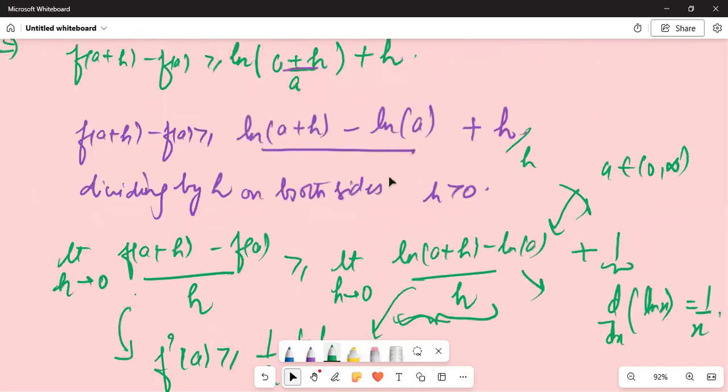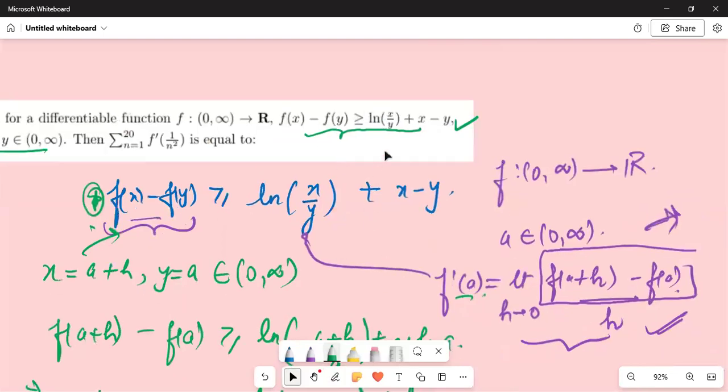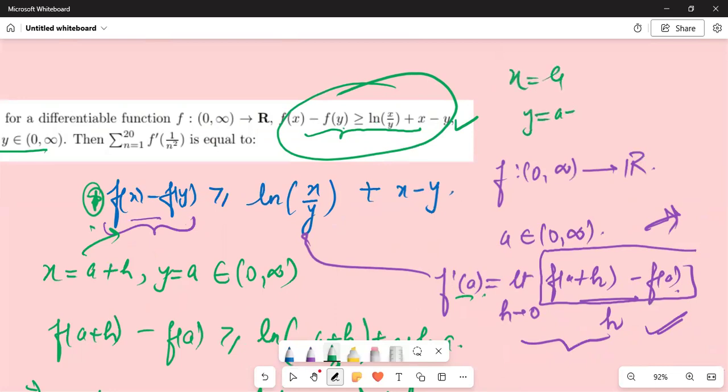Since you're not given anything else in the hypothesis, you need to use this again. Now let us see what happens if we say that x is a and y is a plus h. This is just to reverse the inequality.